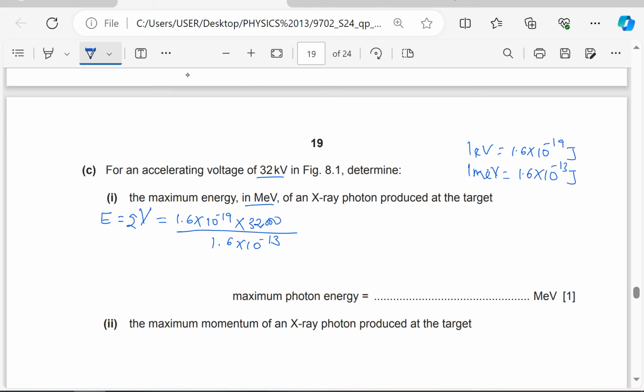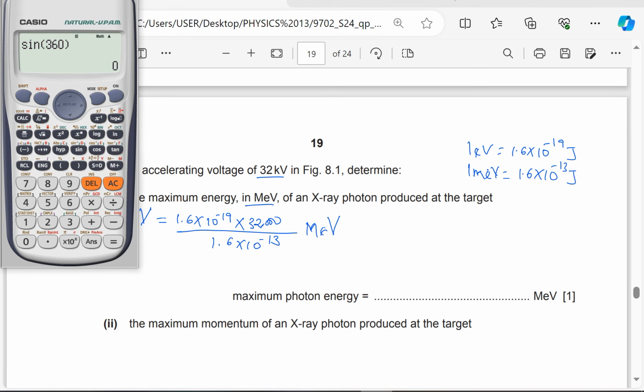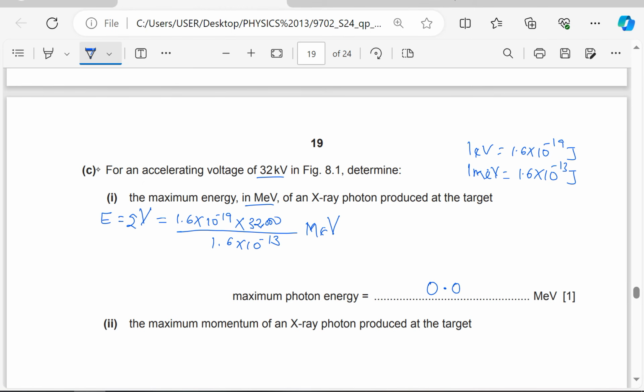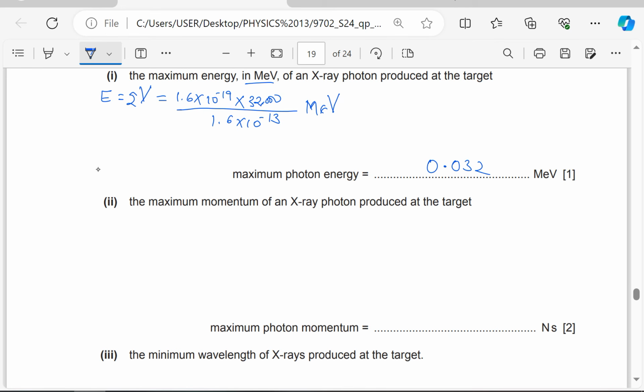Okay, so here the answer is going to be in mega electron volts. So I'll simply say 1.6 exponent minus 19 divided by 1.6 exponent minus 13 times 32,000. So I'm getting 0.032 mega electron volts.